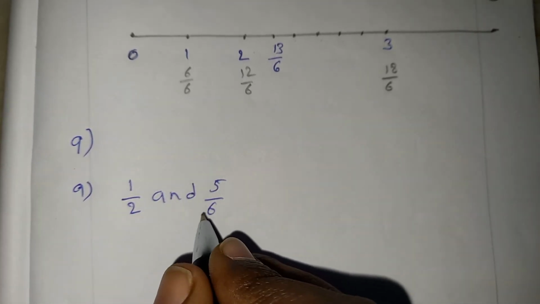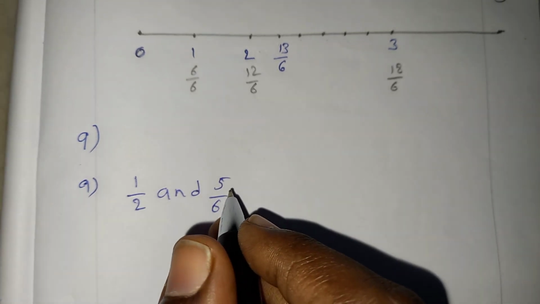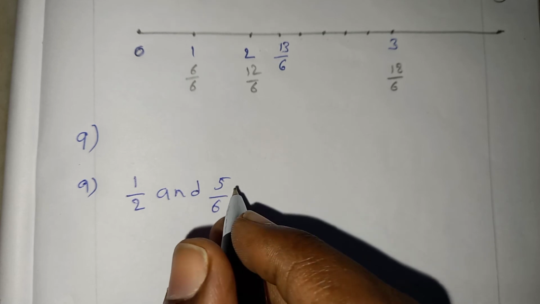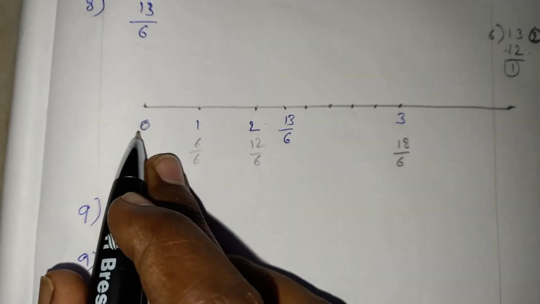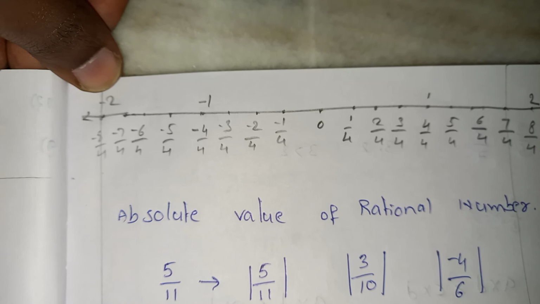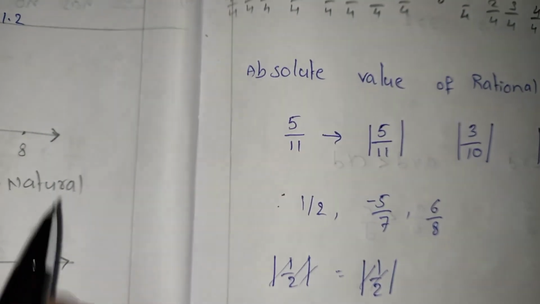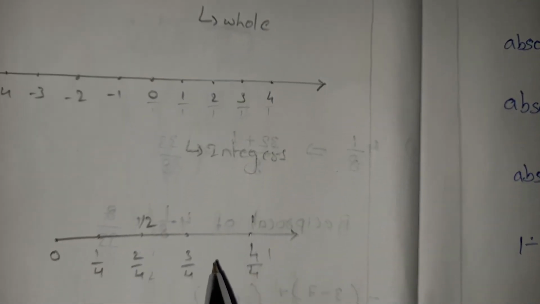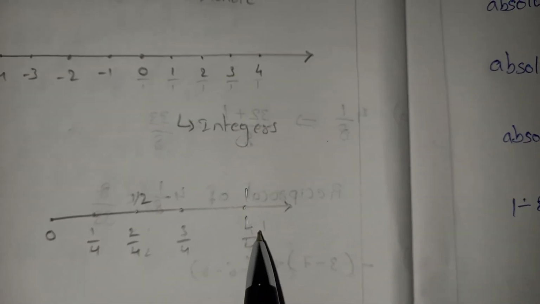In between any two numbers there will be n number of rational numbers. For example, take 0 and 1. In the starting of this video, I explained this topic. I explained the number line topic, right? In the number line topic, first I divided 0 and 1 into 4 equal parts.